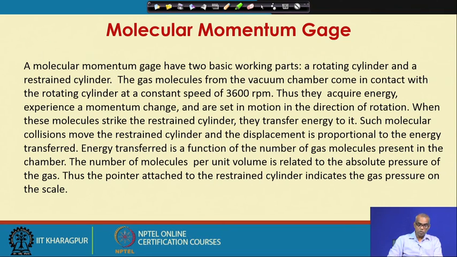When these molecules strike the restraint cylinder, they transfer energy to it. Such molecular collisions move the restraint cylinder and the displacement is proportional to the energy transferred. Energy transferred is a function of the number of gas molecules present in the chamber. The number of molecules per unit volume is related to the absolute pressure of the gas. Thus, the pointer attached to the restraint cylinder indicates the gas pressure on the scale.